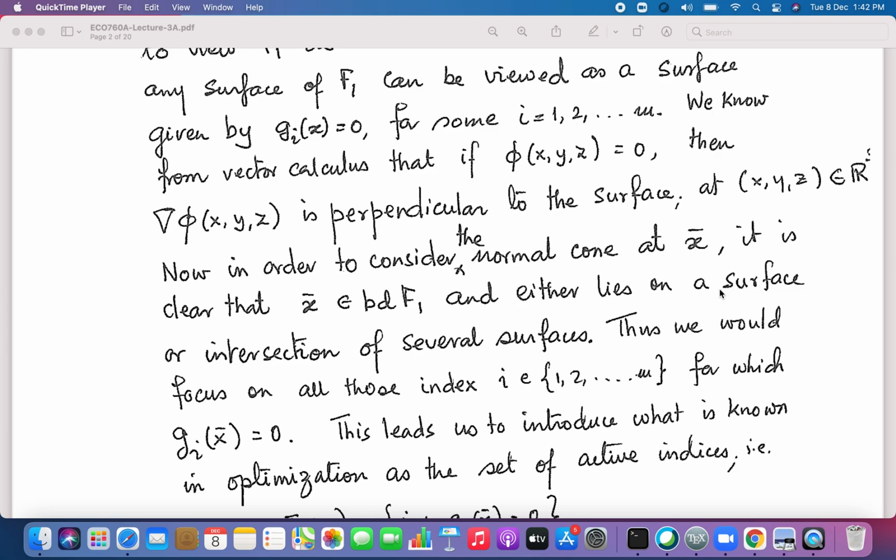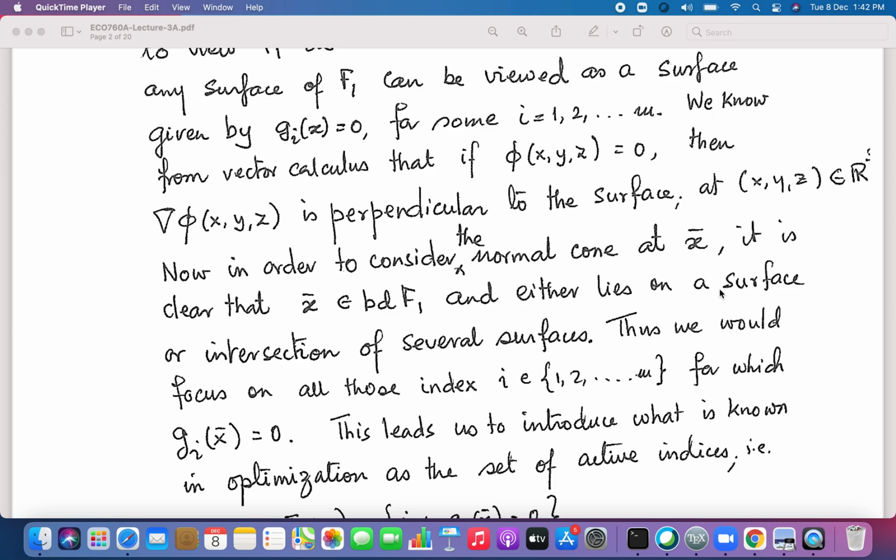That's the idea: for some it is on the surface and for some it is not. For those where it is on the surface, g_i(x) equal to 0, the hypersurface that they create, because here we are not talking just about 3 dimensions.